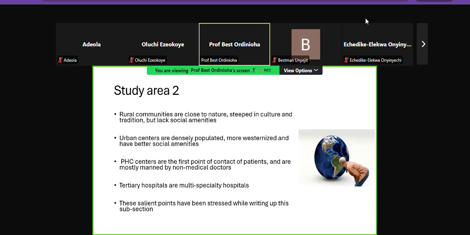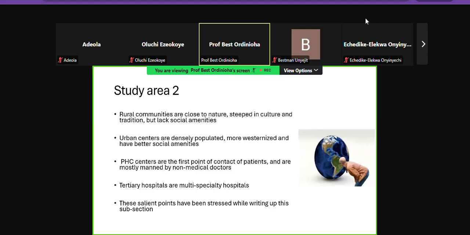Even if you say you did the study in a health facility, if you say primary healthcare facility, you have to describe it. We know the kind of patients that go to the primary care facilities. If you say you did the study in a tertiary health facility, we know the patients that go there. They are supposed to be patients with serious sicknesses.